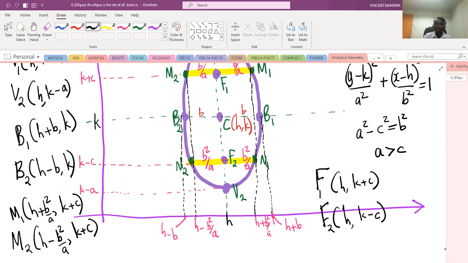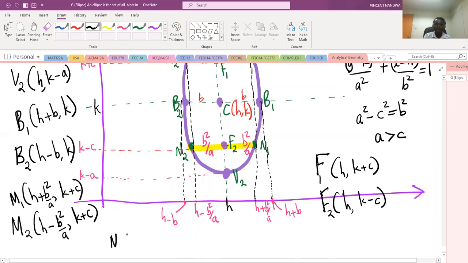And then when we go to N1, this point here, x value is h plus b squared over a, comma, y value is k minus c. And then N2 will be given by this point here, h minus b squared over a, comma, y value is k minus c.